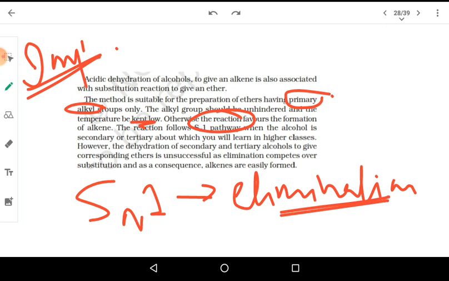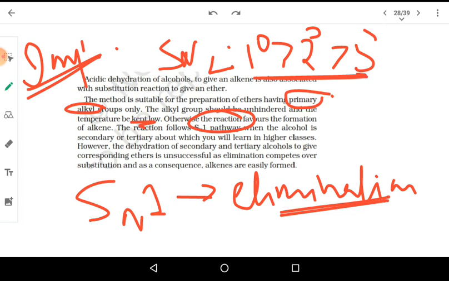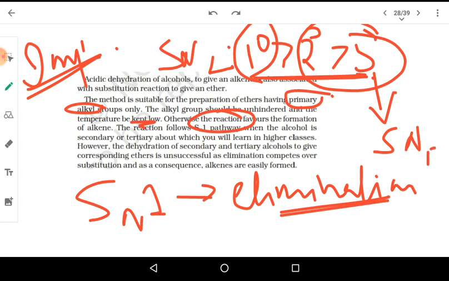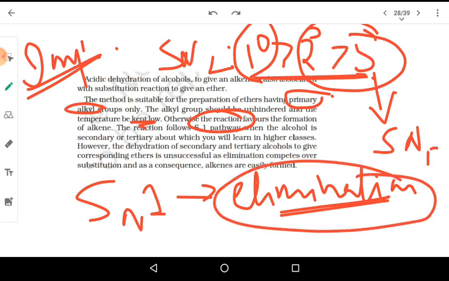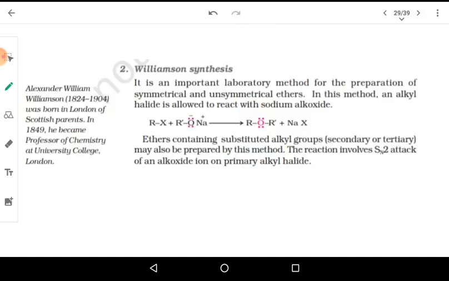The SN2 reactivity order we studied yesterday: primary greater than secondary greater than tertiary. So if only primary alkyl groups are present, that will favor SN2, and if there is an SN2 mechanism, there is formation of ether. The SN1 mechanism can result in elimination, so that is not the desired product.